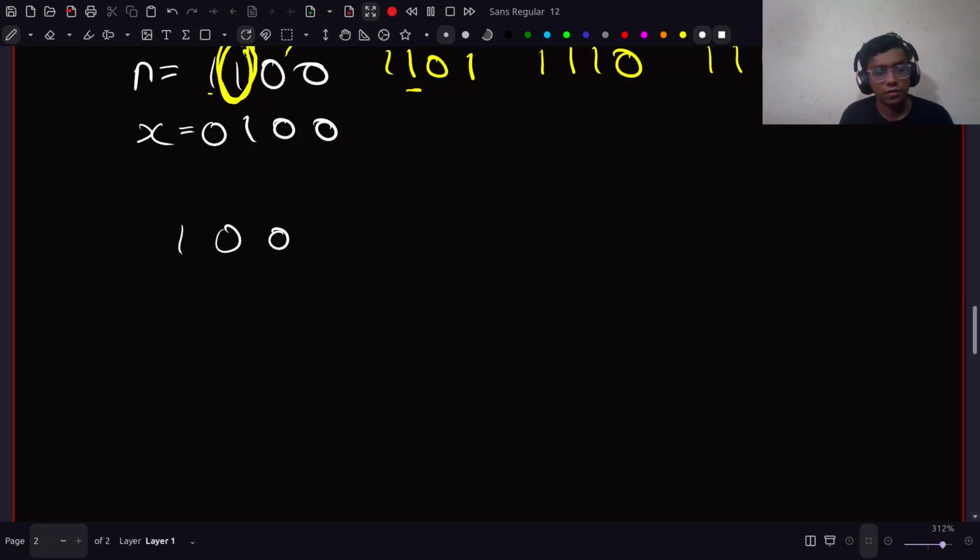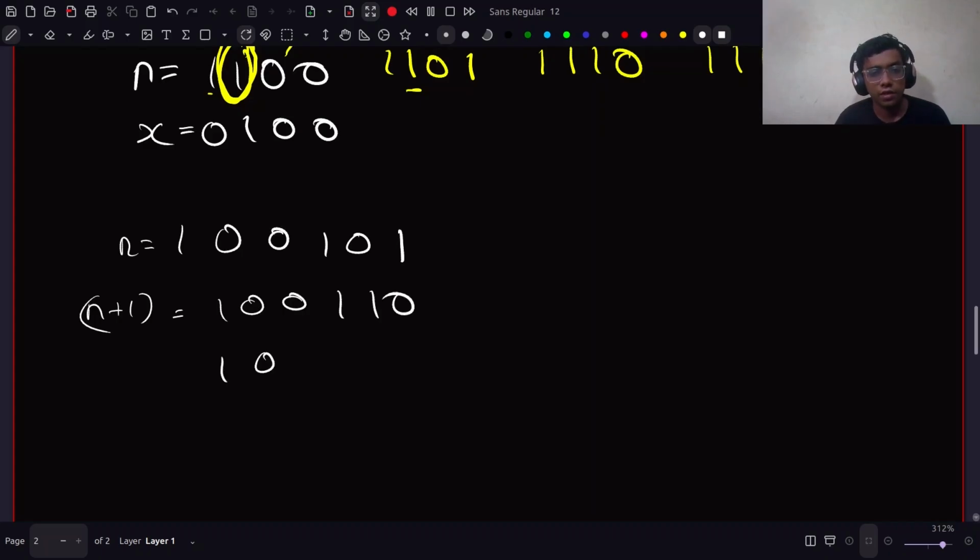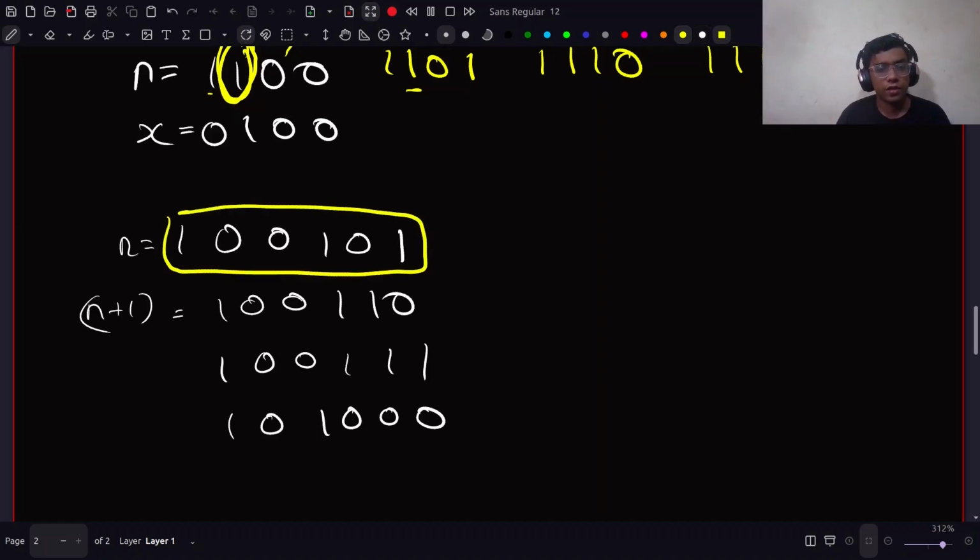Let's say we had a number like this, okay? And so as you increment n, let's see what happens. We get this following number, then the next number is this one, and then the next is this one, right? As you can see over here, all the bits are equal to the bits of n.